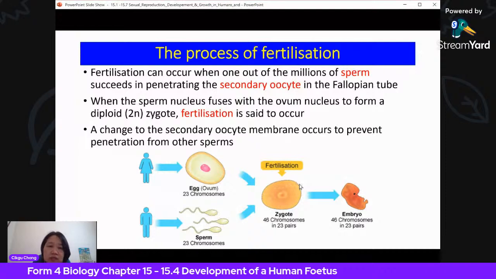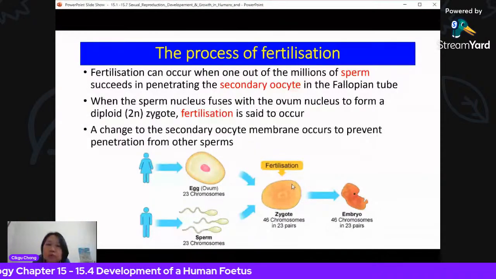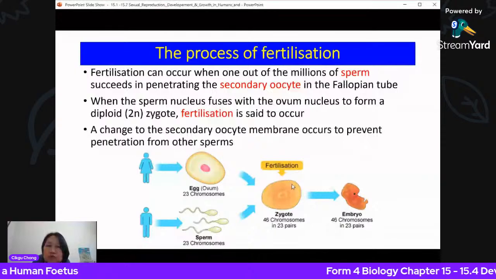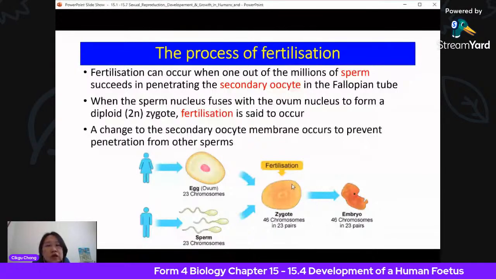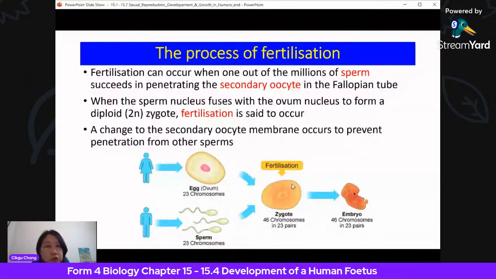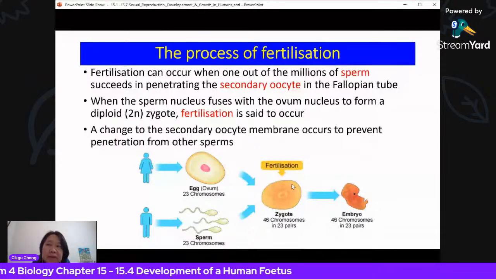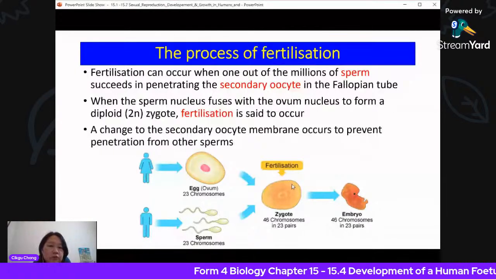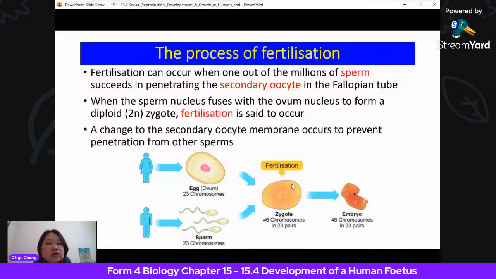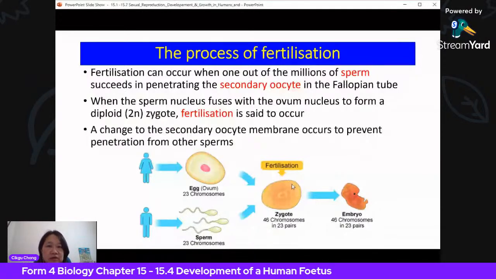Once one is successful, it will not allow any other sperm in, because there are cases of more than two sets of chromosomes in animals, and in plants, polyploidy, which means more than two sets of chromosomes. For humans and animals, you usually only have diploid, so no other sperm goes in.